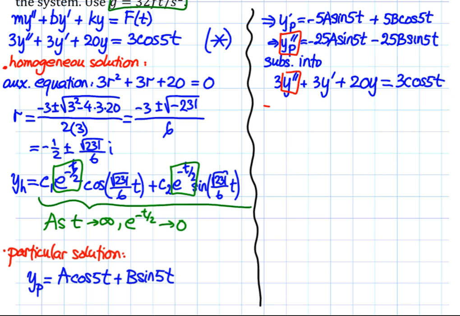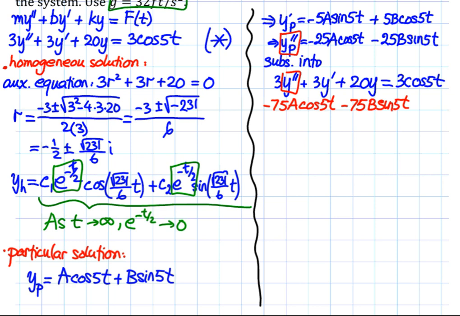So we have negative 75a cosine of 5t minus 75b sine of 5t. Sorry, this copy was wrong; the derivative of sine is cosine.